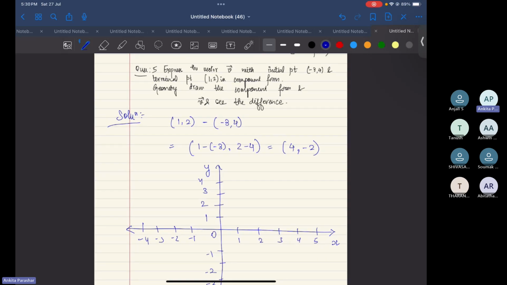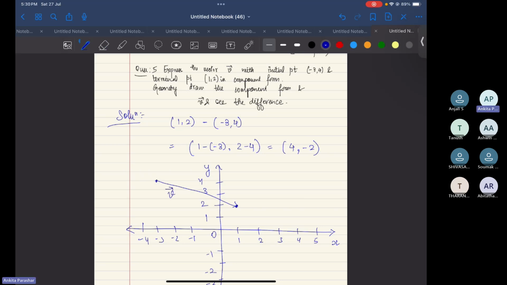Let's draw the vector whose initial point is (-3, 4). So (-3, 4) will be somewhere here, and the final point is (1, 2), which is here. Yeah, you can see, our vector is this. I'm bad at drawing, but this is what I want to say. It starts from there and ends here. This is our vector v.